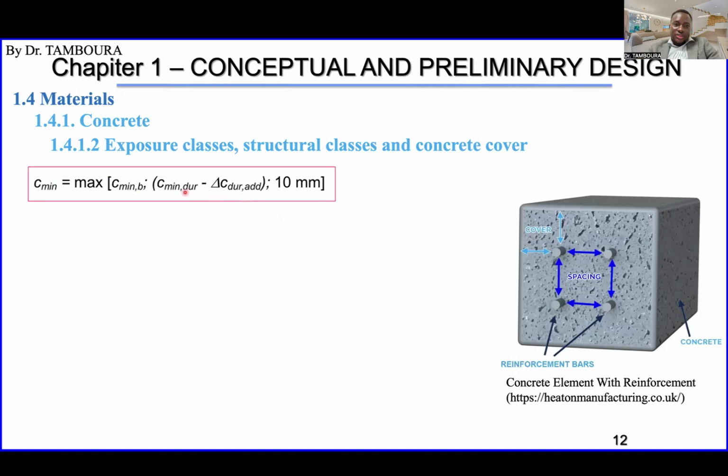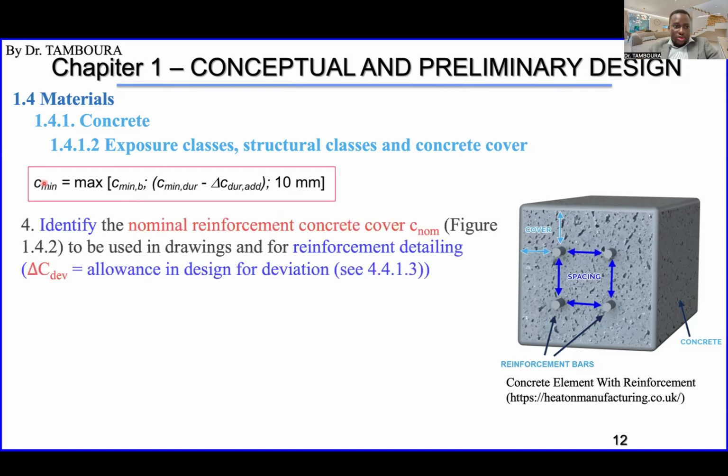Okay, but if this one is higher than 10 millimeter, you have to consider it. And if this one also is higher than 10 millimeter, you have to consider whichever is higher, okay, between this one and 10 millimeter will be the C minimum, okay? But it is not finished. The C minimum is not the cover yet.